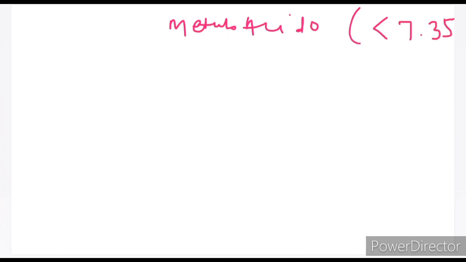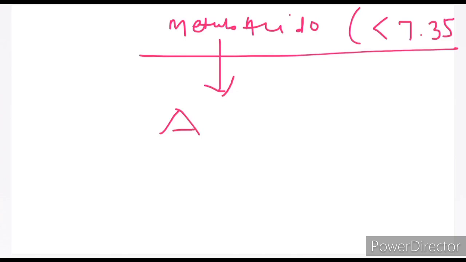So we have ABG showing metabolic acidosis, that is pH less than 7.35. As we know, normal pH is 7.35 to 7.45. If pH is less than 7.35, then we calculate anion gap.